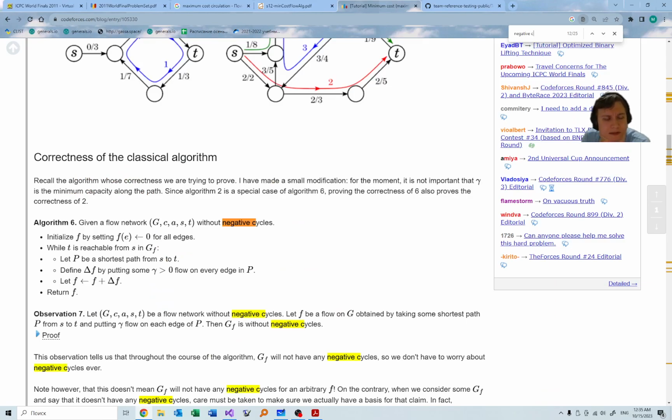This is some craziness. So this is min cost max flow with negative cycles.